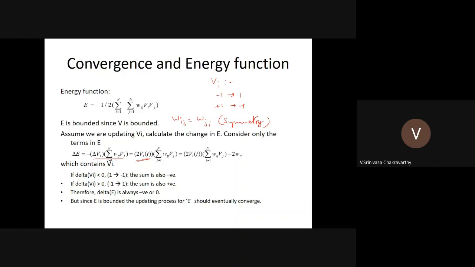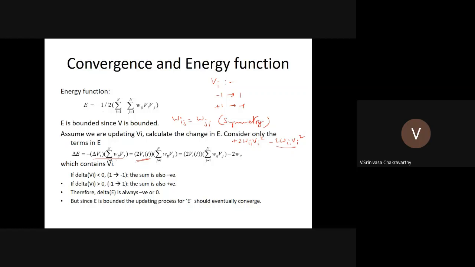So when we do that, we can add plus 2 Wii Vi square and minus 2 Wii Vi square. Now Vi square is just 1 because Vi is plus or minus 1.